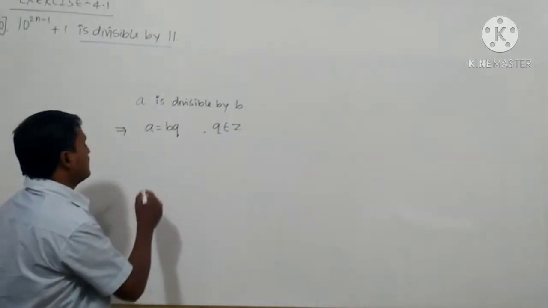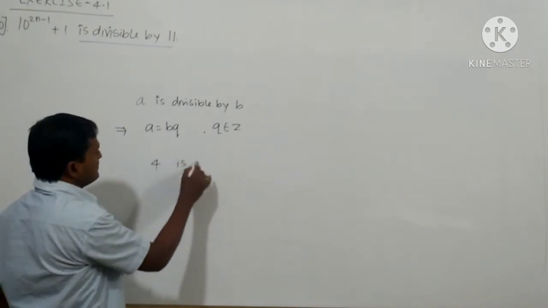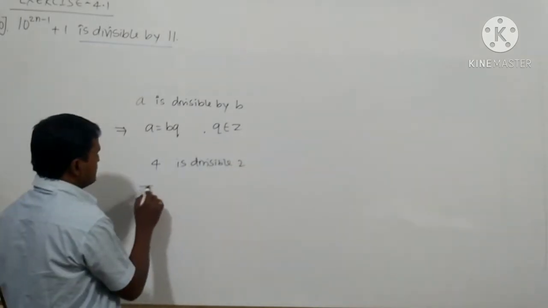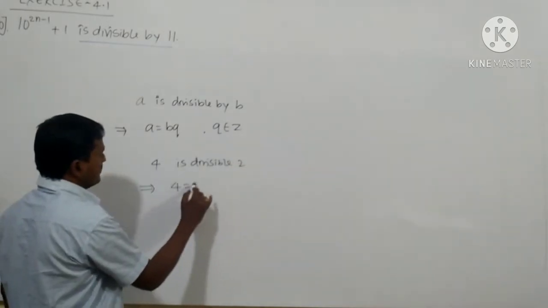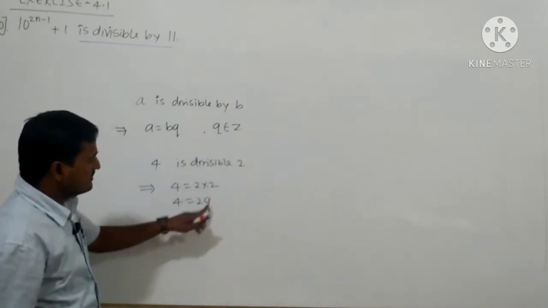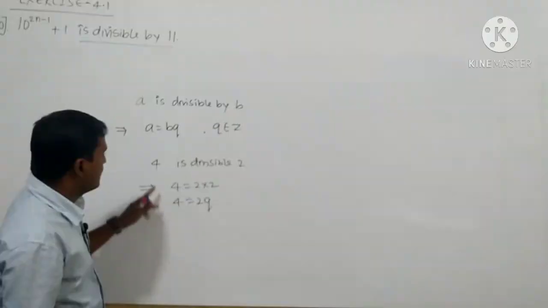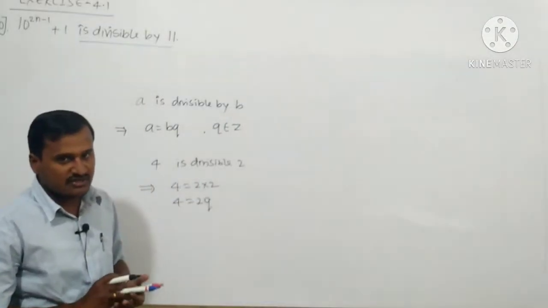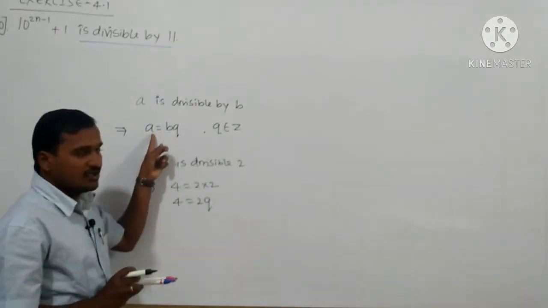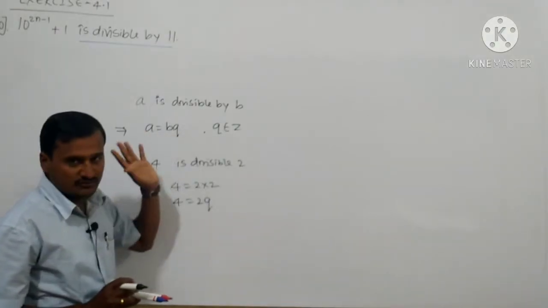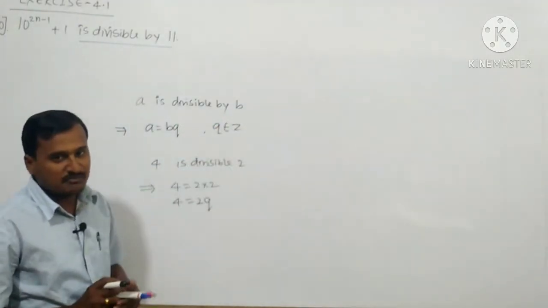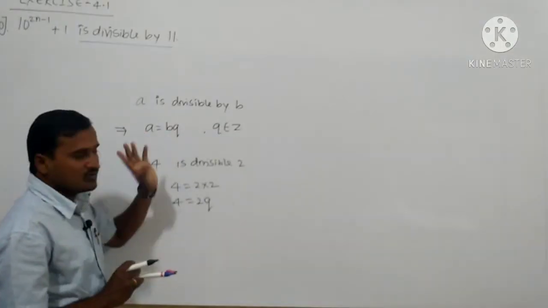For example, 4 is divisible by 2. 4 is divisible by 2 means 4 is equal to 2 into 2, so that is the q. So if a is divisible by b, then there exists a number q such that a is equal to bq.